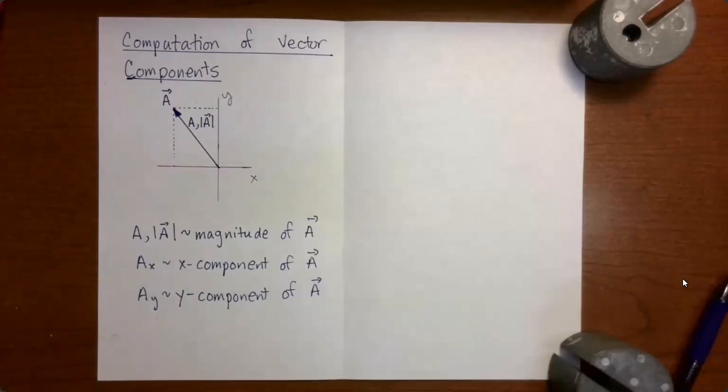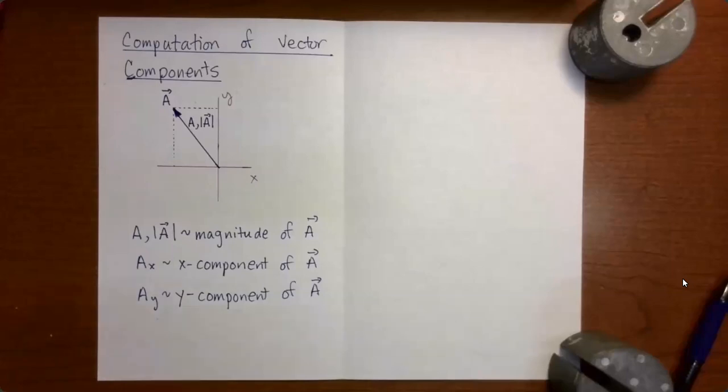In an earlier video, I introduced the idea of the magnitude of a vector and the components of a vector. The magnitude is the quantity connected to how big we draw the vector. For example, if we use a velocity vector to represent the motion of a cheetah running 30 miles per hour to the west, then 30 miles per hour is the magnitude.